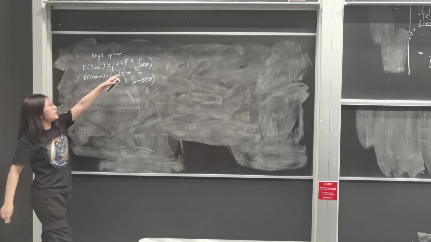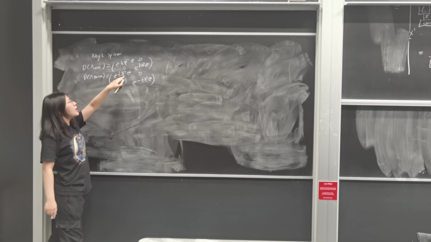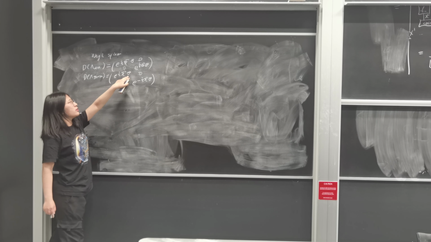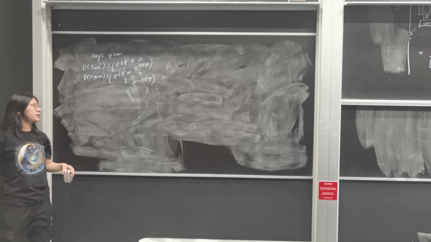And theta is the rotation parameter, chi is the boost parameter, and sigma is just a Pauli matrix.